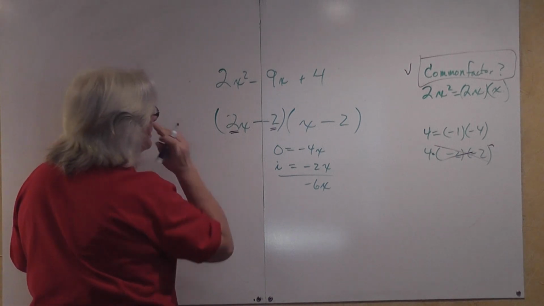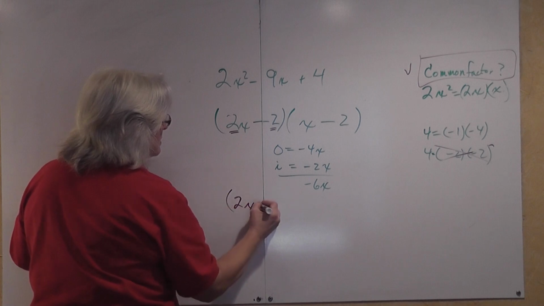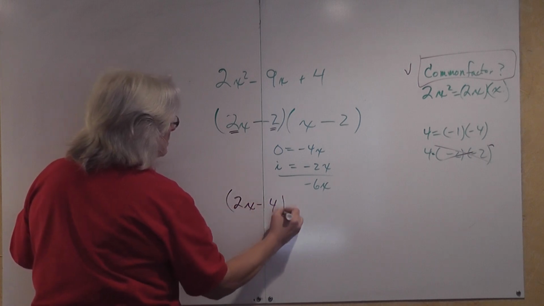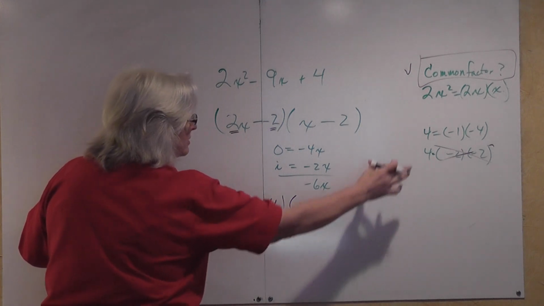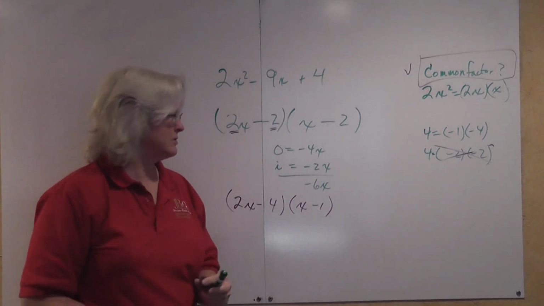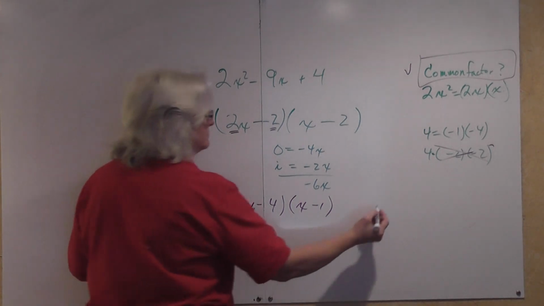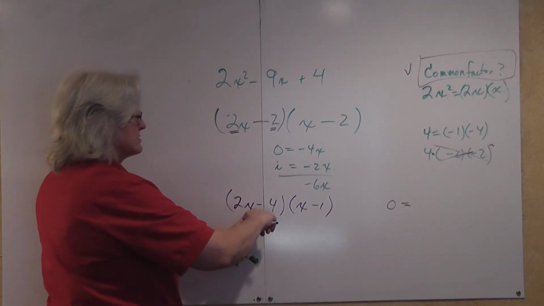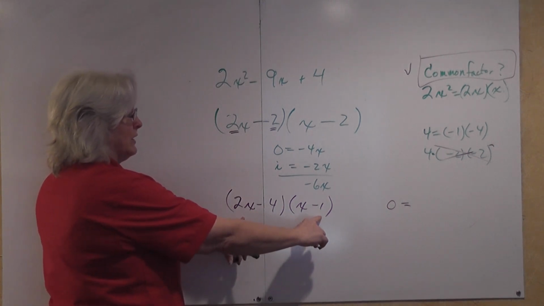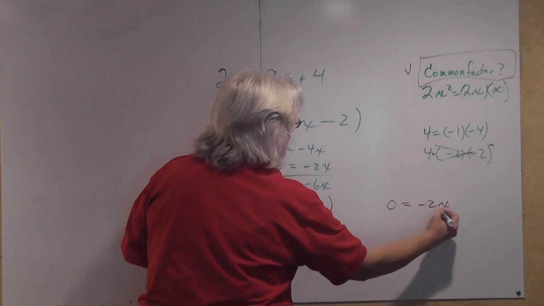We have 2x minus 4 times x minus 1. Because we know it has to be those two factors, right? Well, what's our outer product? Our outer product, 2x times a -1, -2x.